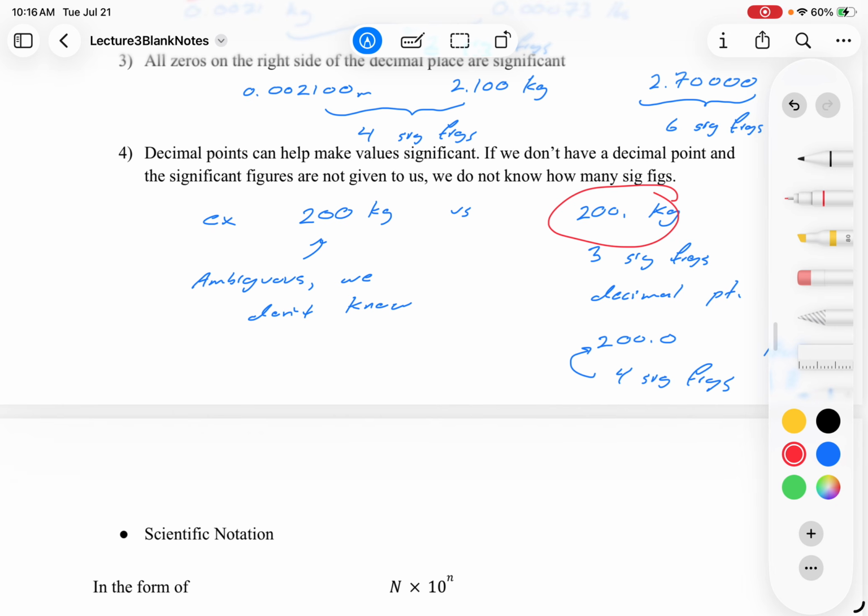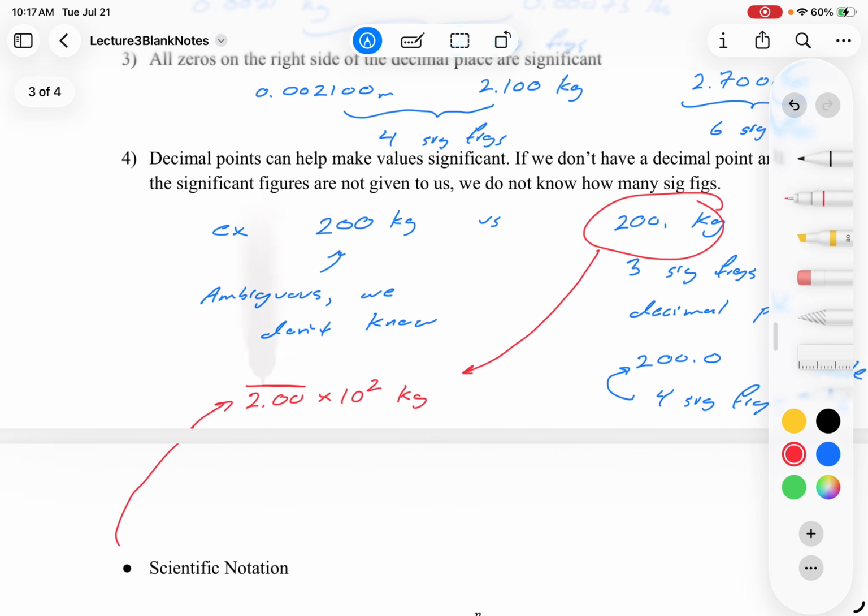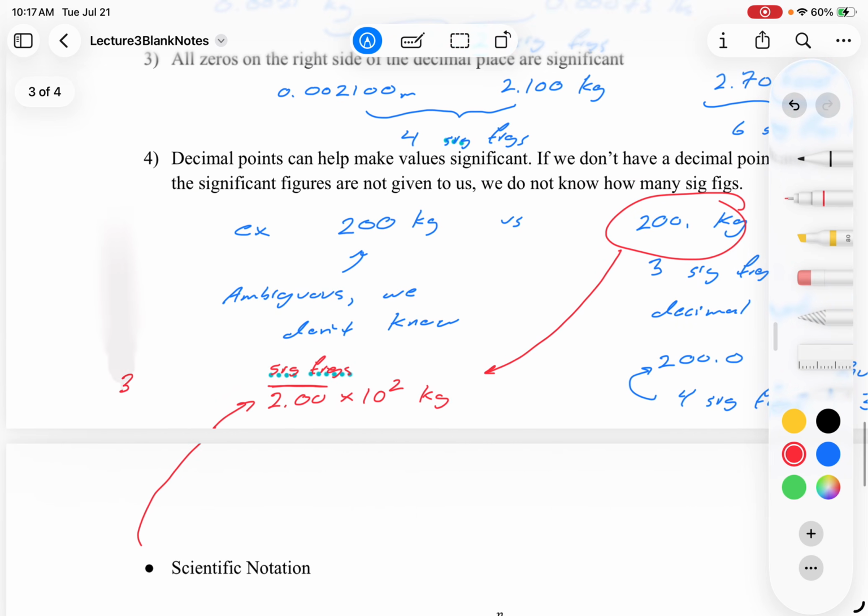So just an FYI, this can be written as 2.00 times 10 to the what? 10 to the 2. That's going to be your scientific notation. So this here is going to be your sig figs, and we have 3 sig figs.